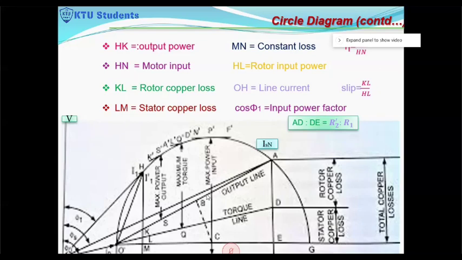Now take the perpendicular bisector of this output line O dash A. It will meet a horizontal line that starts from the tip of I0, drawn parallel to the reference axis.